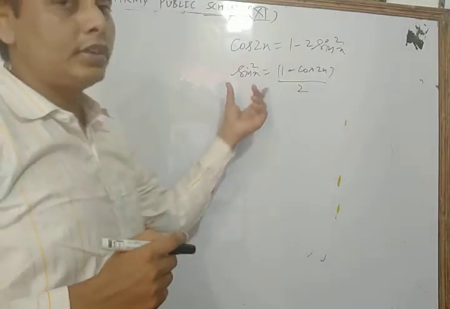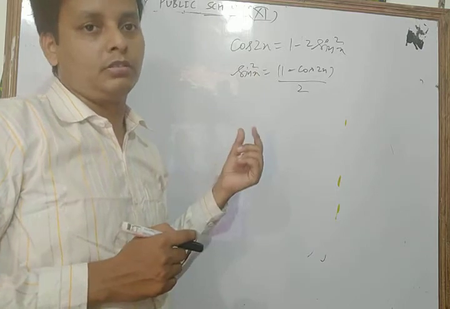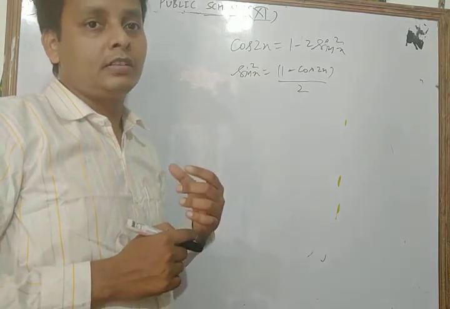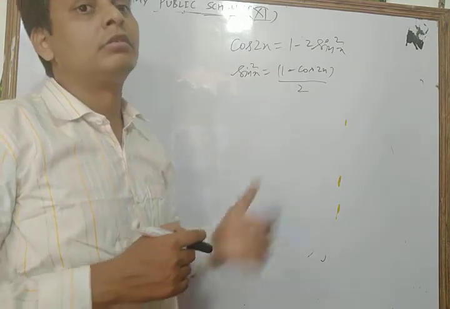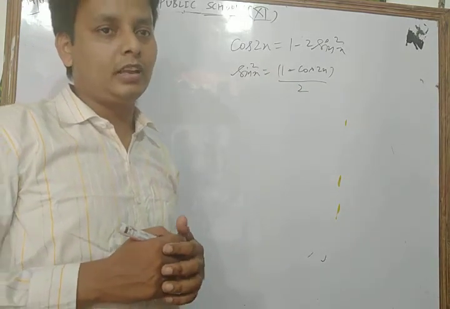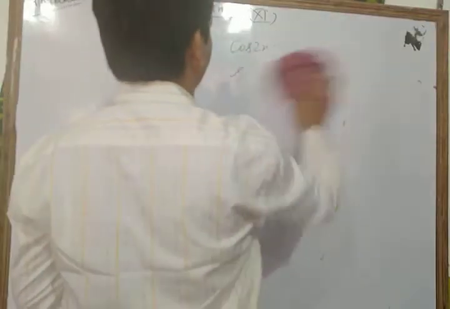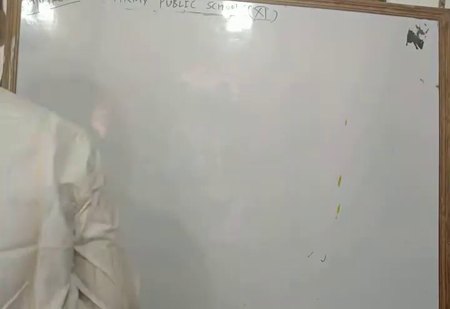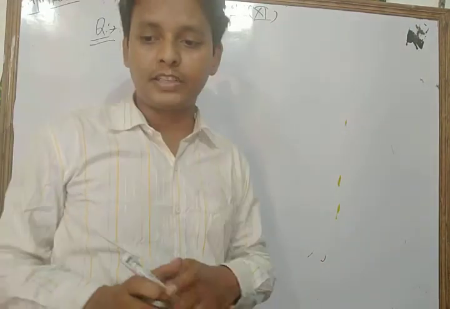So we use this identity in the previous question. So dear students, please do more and more practice of problems based on these identities. Now we take some other questions. We take the next question of the NCERT exercise.